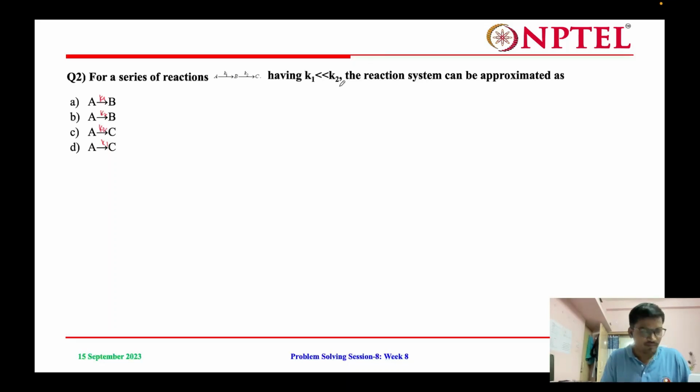K1 is too small compared to K2, and any small amount of B formed is instantaneously transferred into C, because the second reaction, B gives C, is rapid. So the series reaction A gives B gives C could be approximated as A gives C. The slowest step determines the overall rate and order of reaction in a multiple reaction system. So option D is correct.